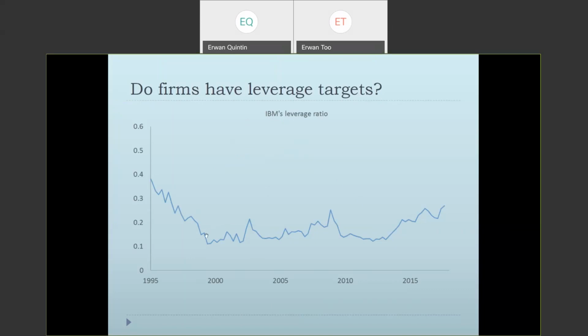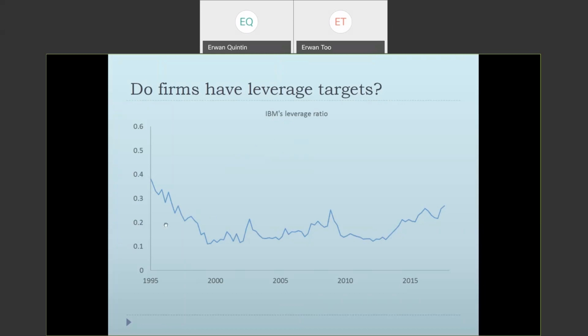And when you look at those charts, it does, in fact, look like firms have something like a target capital structure. So what do I mean by this? What is it about those data that leads me to say that yes, IBM appears to have a happy place in terms of leverage ratio?